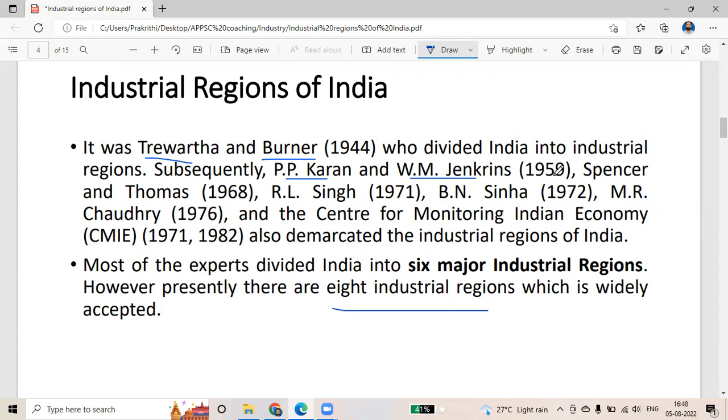Within one industrial region you can find many sub-regions, a large area, hundreds of square kilometers occupied by industries. So for India, we are going to discuss its major 8 industrial regions.